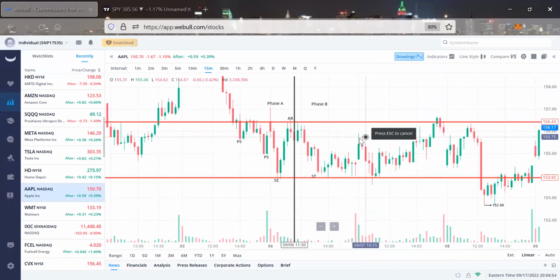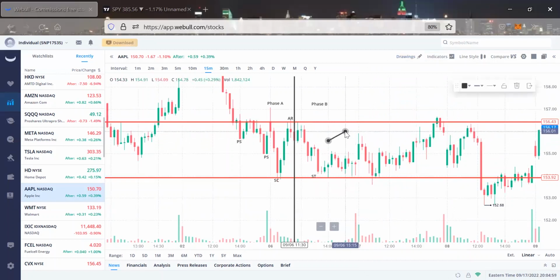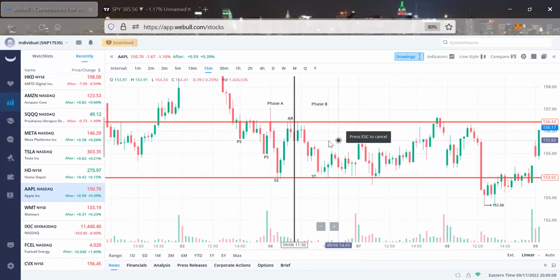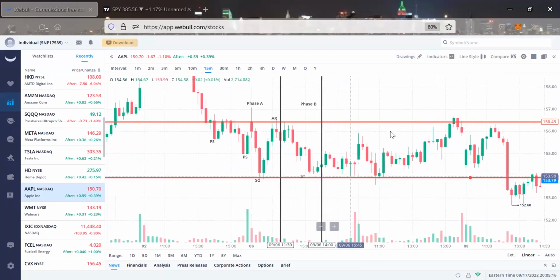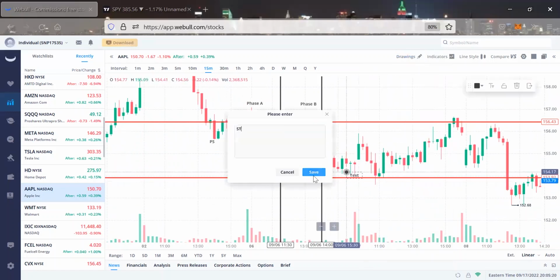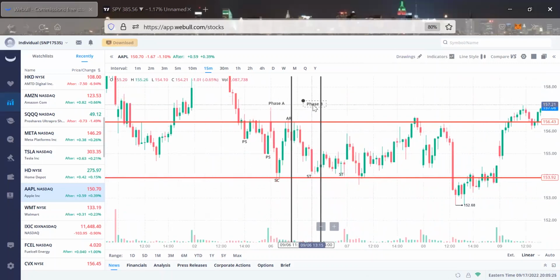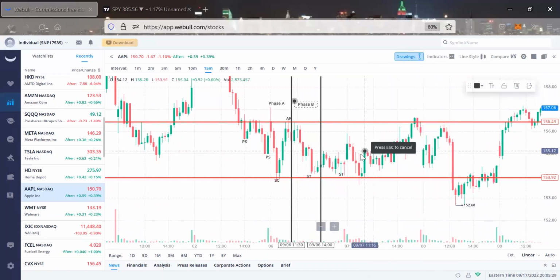And along these phases we're going to have those tests, and that's what we want. We want a break of structure, and I'll show you what I'm talking about in a minute. So we have a second test again here, ST, boom, ST. We have ST right here, and we have that as phase C.